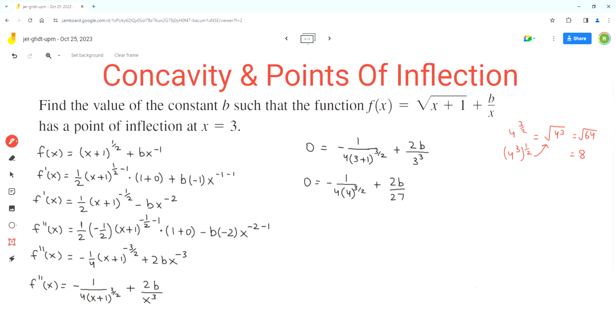So in the next step, we can rewrite the fraction as 0 equals negative 1 over 4 times 8. Now we can multiply the numbers in the fraction. 4 times 8 is 32. Now we can move the fraction negative 1 over 32 to the left side, and that will make the fraction positive.